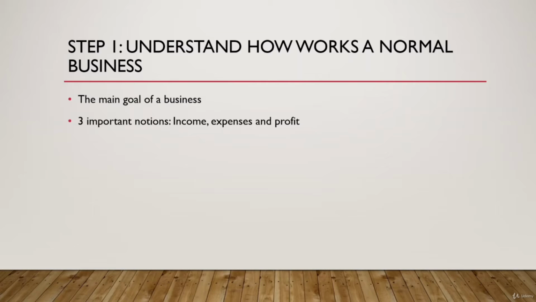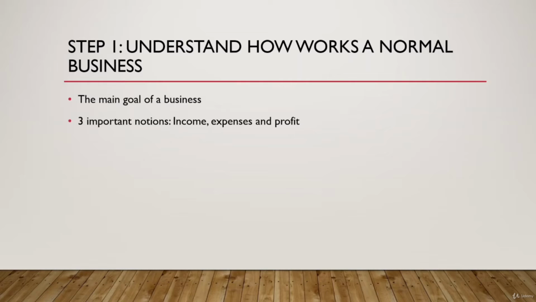Same thing for any other business. They don't necessarily want to have a big income. For example, let's say the store makes $1 million of income per month, but only makes, let's say, $10,000 of profit, versus another store that only makes $100,000 of income per month and makes $20,000 of profit.